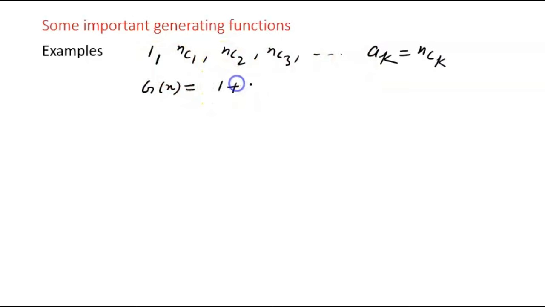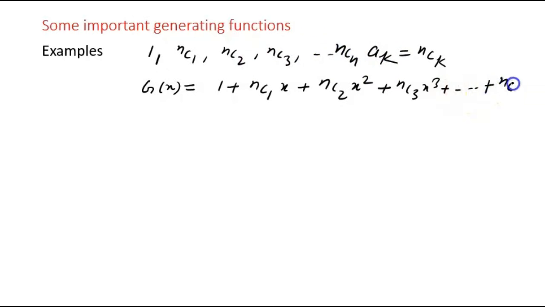I will write 1 plus nC1 x plus nC2 x square plus nC3 x cube, and suppose we are taking it as a finite series whose last term is nCn. So we will get the last term as nCn x to the power n.